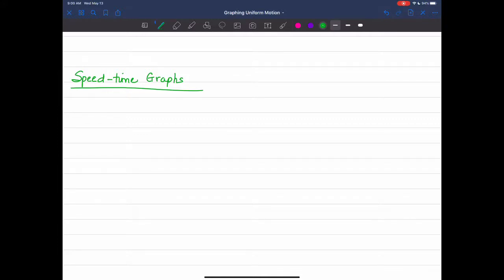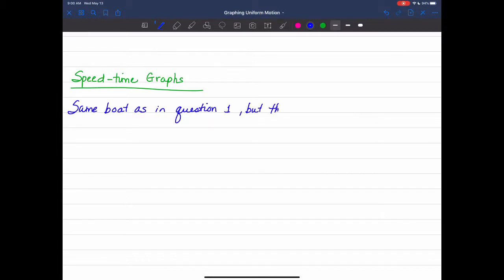Same boat, traveling with the same motion as the one that we saw, but instead of recording the change in distance over change in time, this time we're going to be recording the speed every 2 seconds, okay? So same boat as in question or example 1.